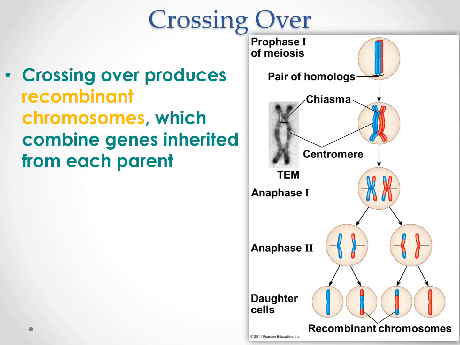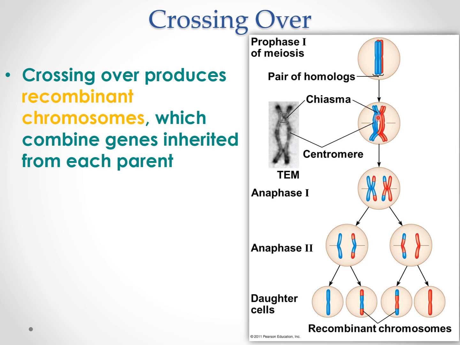The other source we've talked about is crossing over. This one's probably the most obvious source of variation. Crossing over produces what's called a recombinant, meaning the chromosomes have recombined, basically mixed up. They exchange equal segments after they form these chiasmata, or here's a single chiasma.